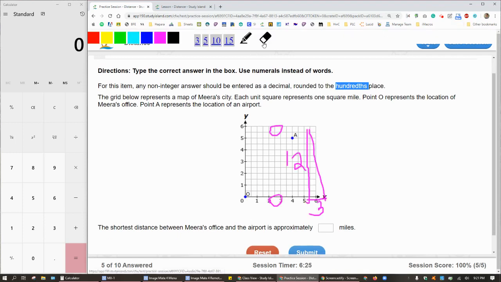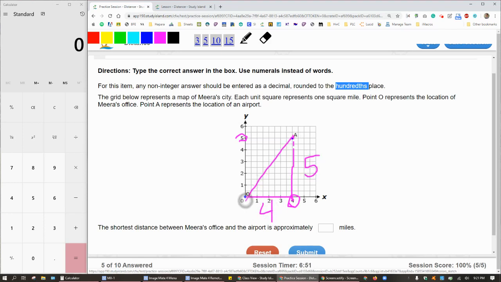We're just going to go ahead and find the vertical and horizontal distances between point A and O. Well, this makes it real easy because point O is at 0, 0. So the horizontal distance is just how far it is over, and it's at 4. It tells you right there what the horizontal distance is. Similarly, this tells you what the vertical distance is, which is 5. So you've got 4 and 5.